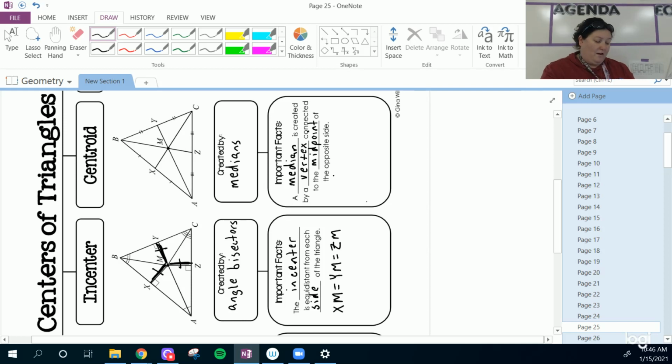So one note I like to make on this part is that the median is split, and that helps me remember that it's split into three pieces. The large piece is two pieces of that, and the small piece is just one piece of that.